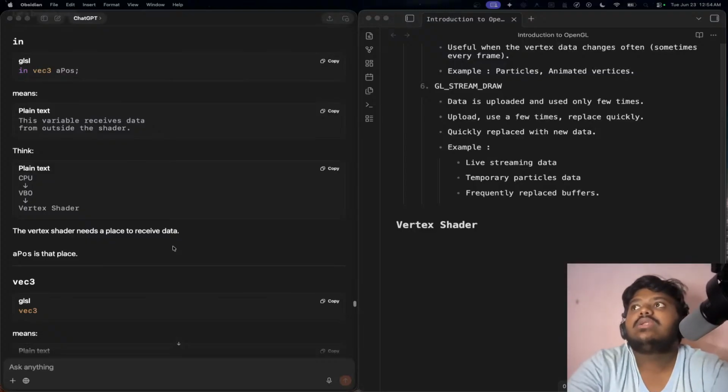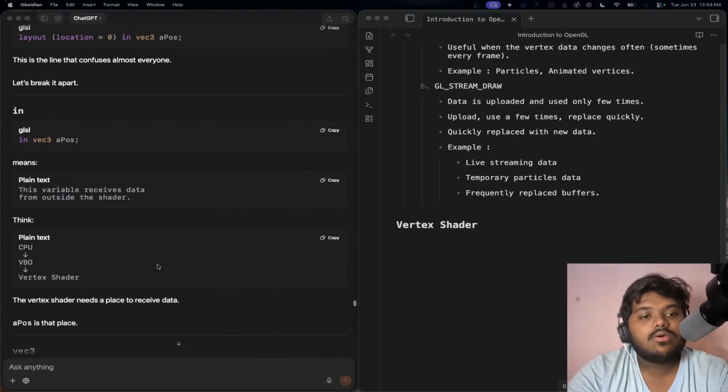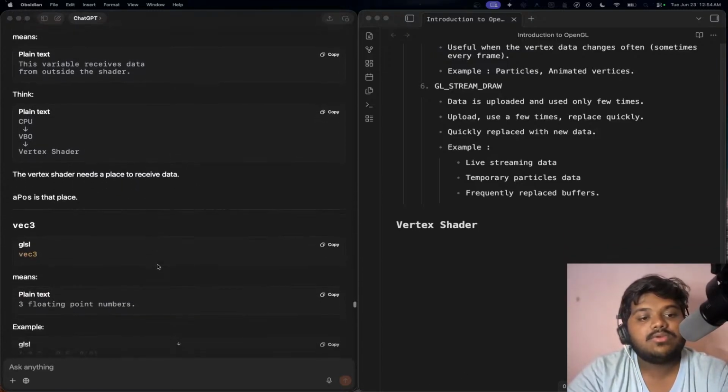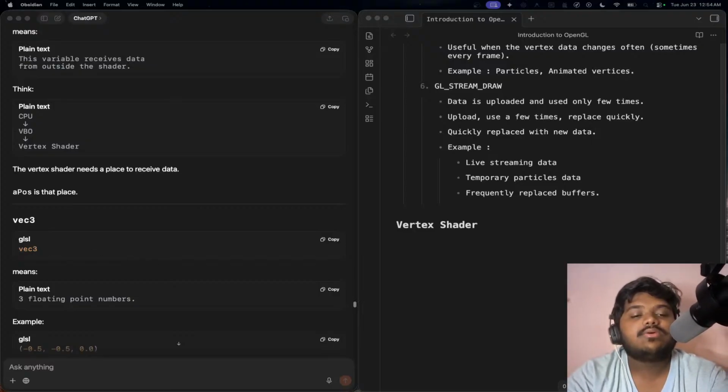So the vec3 is supposed to be three floating point numbers.